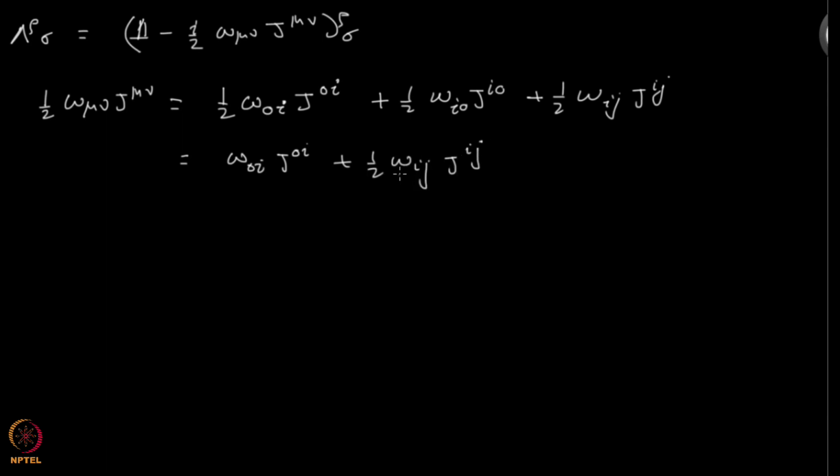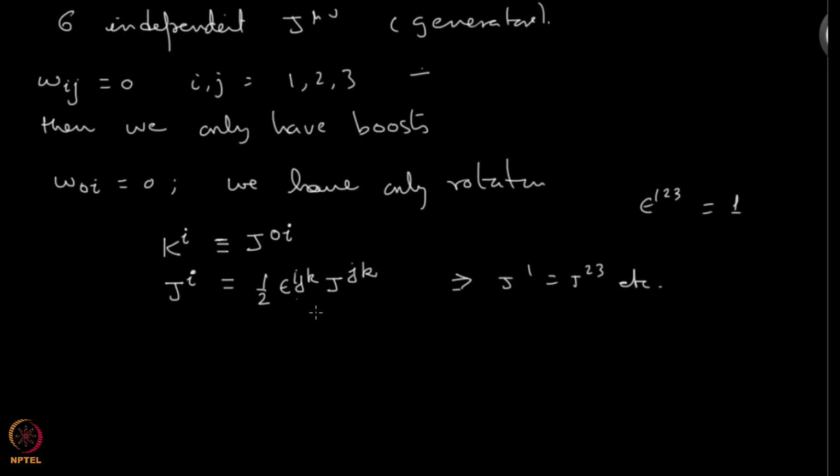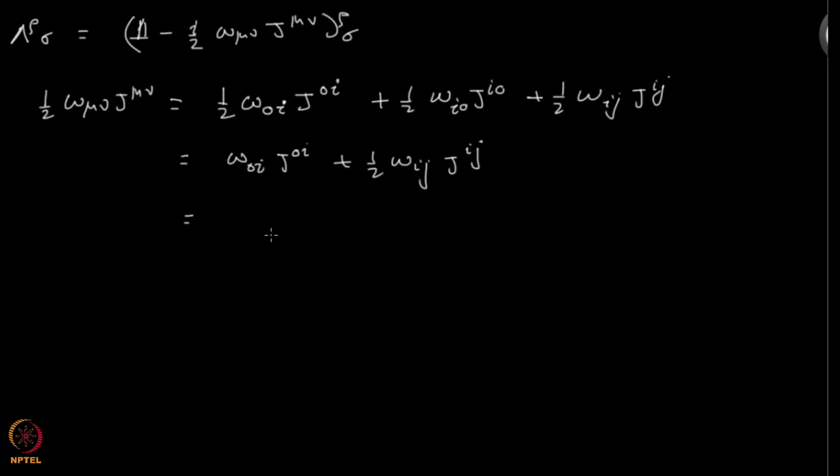Okay. We have already defined j 0 i to be K i. So, this becomes K i omega 0 i K i plus, this one will become, let me write down explicitly, omega 1 2 j 1 2, this you can easily verify.